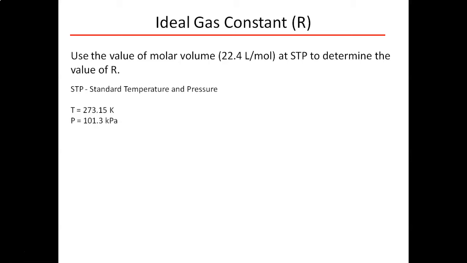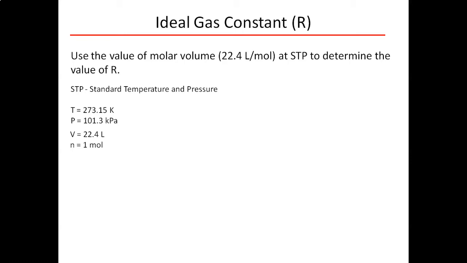STP is our standard temperature and pressure, conditions where my temperature is 273 Kelvin and 101.3 kilopascals. So we have 1 mole, and 22.4 liters as our volume of gas.